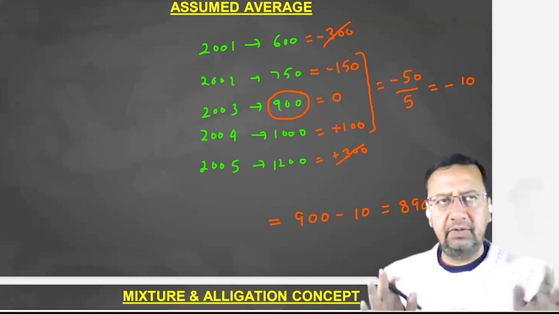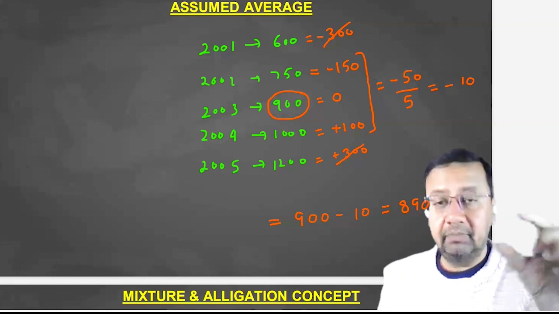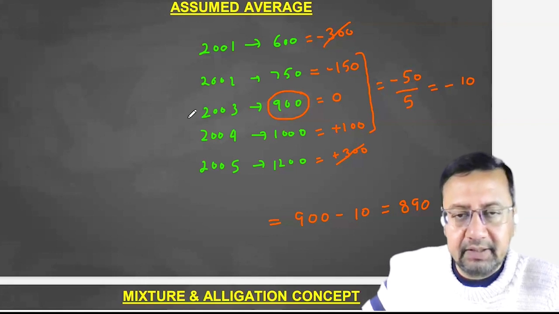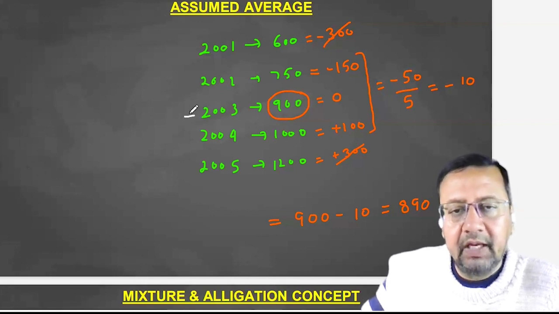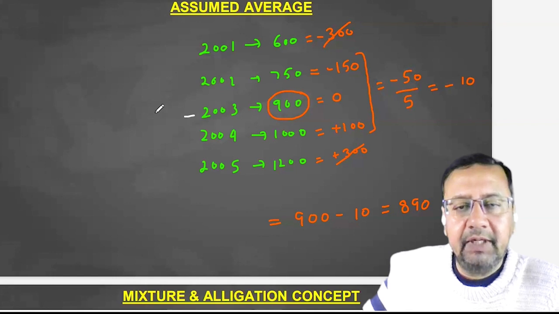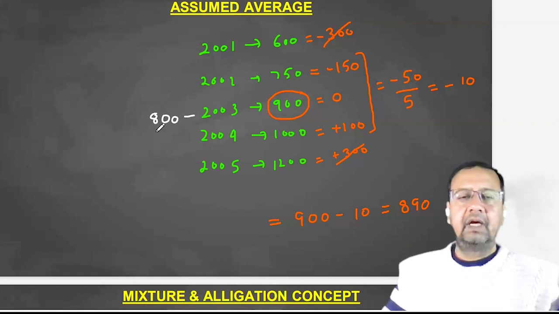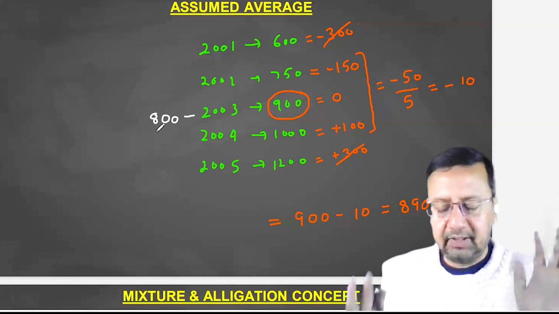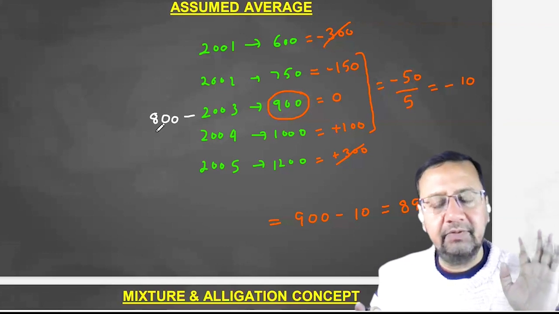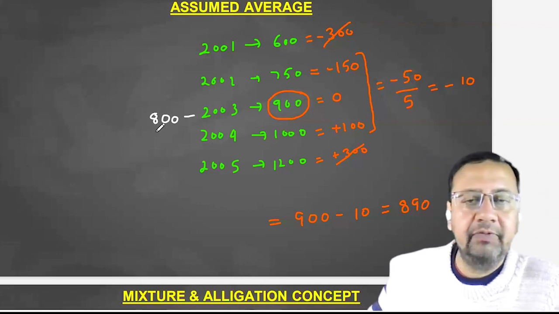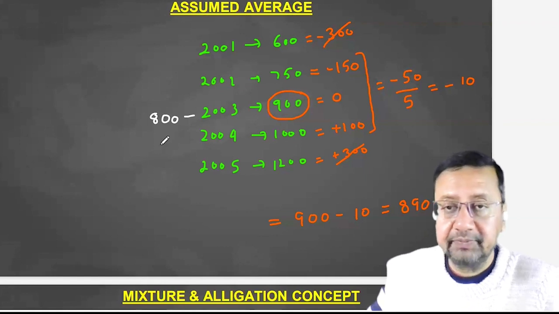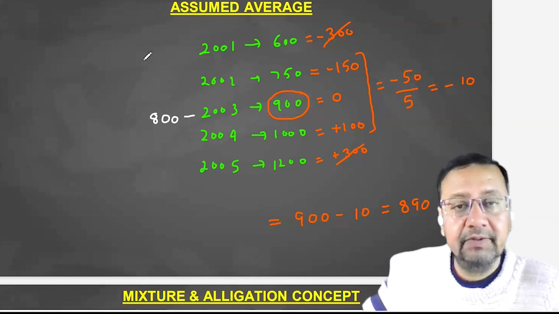So what we generally do, we take some middle number, right? Suppose I just explain in this only. Suppose you are saying I am taking the average as 800, right? You are saying 900 I do not like, and this is some data which is having different figures. So I prefer to take the average as 800, assume that, right? Now take the difference.